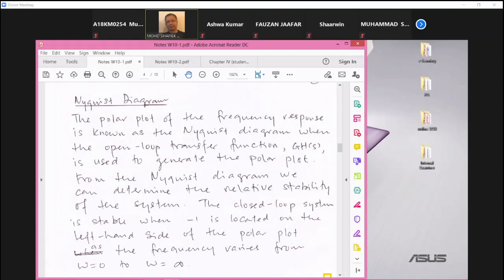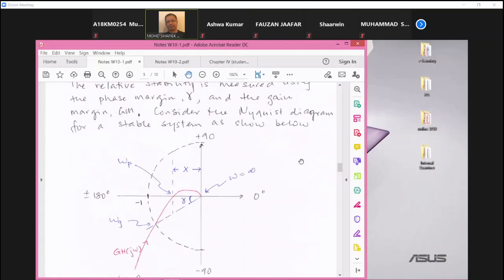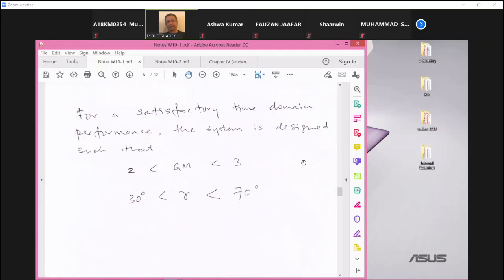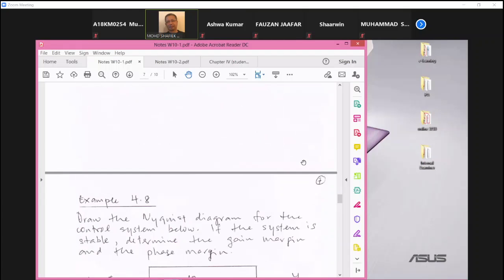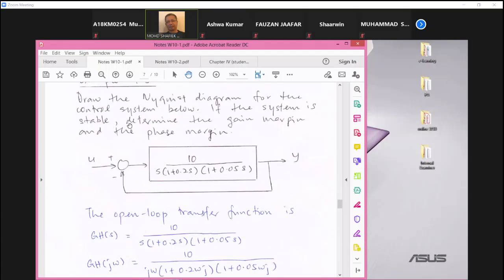When you want to draw the root locus, you also need this open loop transfer function. In your test, don't you ever obtain the closed loop transfer function to draw the Nyquist diagram. Don't you ever obtain the closed loop transfer function to draw your root locus.